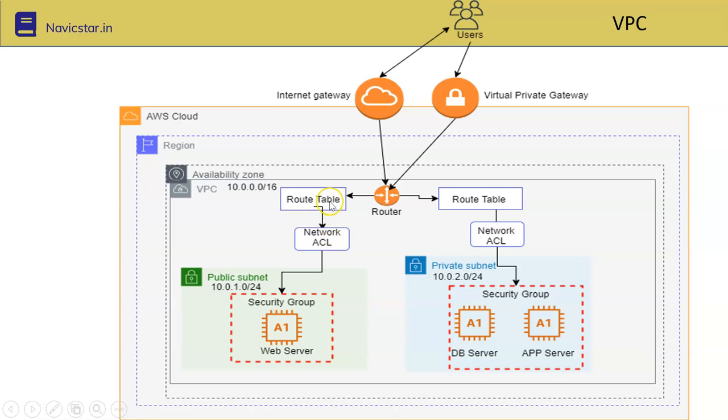And then it talks to the route table, which defines whether you want internet gateway connectivity or virtual private gateway connectivity for your VPN connection, where you want this traffic to go out. For a public subnet, everybody wants to go via the internet. For a private subnet, you will want to keep your restriction and go via the VPN, the virtual private gateway path.